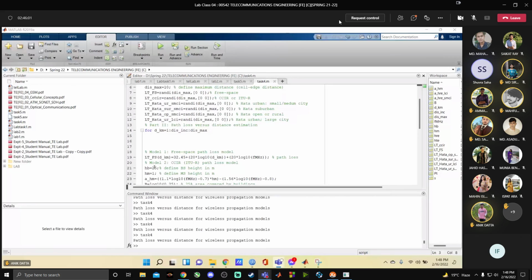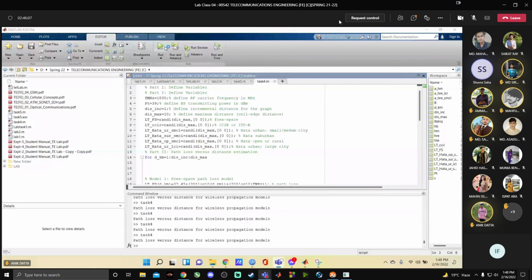Now if I change the operating frequency to 1800 megahertz, শুধুমাত্র f is equal to 1800 করে দিলে হবে, আর কোথাও কি কোনো চেঞ্জ করতে হবে কোডের? হোয়াট ডু ইউ থিংক, নাকি এটা দিয়ে হয়ে যাবে?